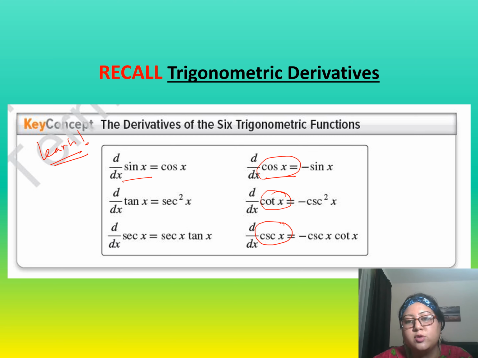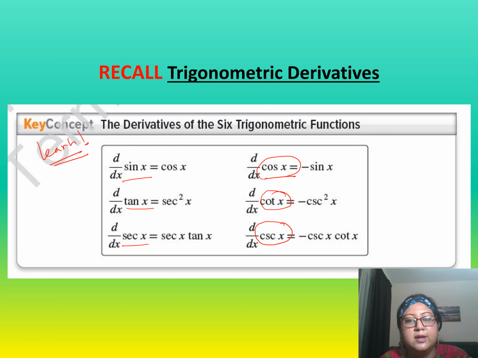So d by dx of cos x is negative sine x, d by dx of cot x is negative cosecant x, and d by dx of cosecant x is going to be negative cosecant x cot x. Whereas the other 3 trigonometric ratios, sine, tan, and secant, are going to have positive signs. So this observation or this trick would help you to remember their correct derivatives.